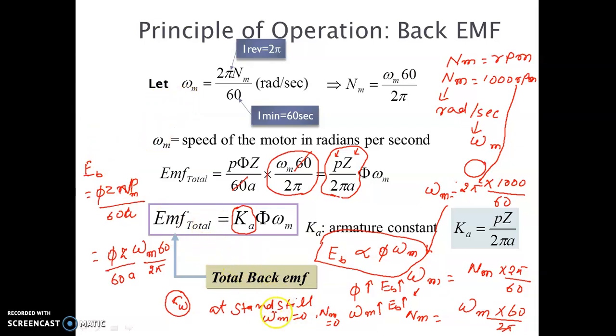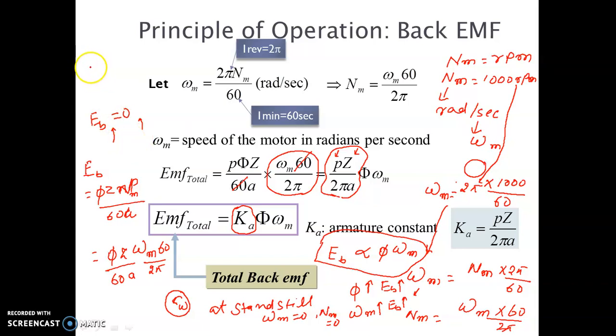During this condition, omega is 0, so the induced EMF will be 0. This is a very interesting relation to keep in mind. When the rotor is not rotating, EB will be 0, and once the rotor starts rotating and speed develops, EB will also start developing and keep increasing. So this is a very important relation.